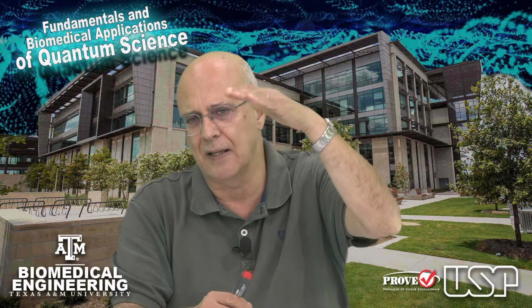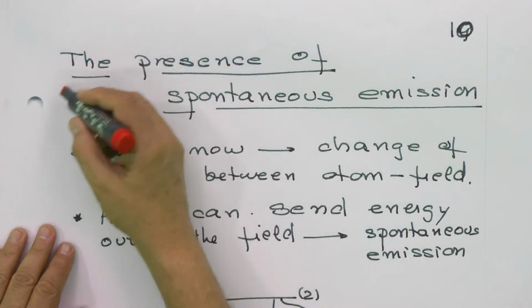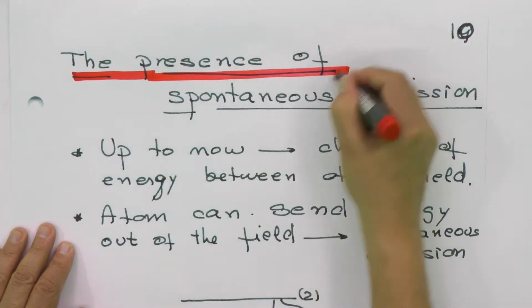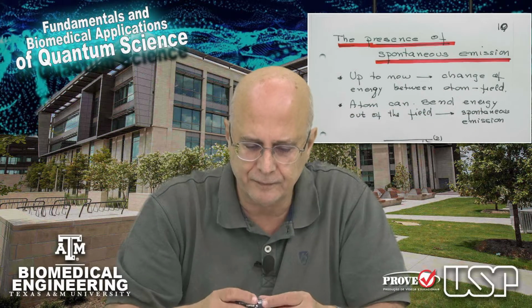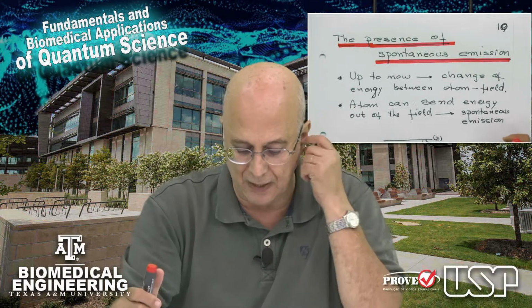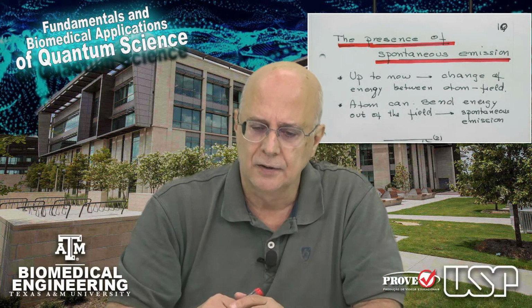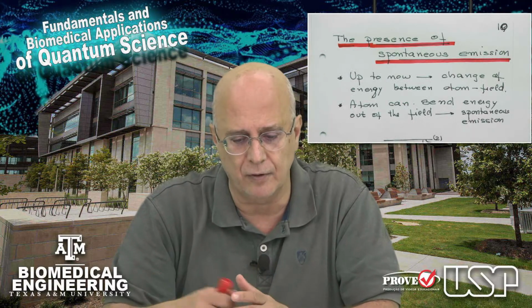When I have a system that's not in the ground state, it may decay spontaneously. This is the process that we call spontaneous emission. So spontaneous emission is present. I put the system in a level, and the level may come down. So it's not the way I said to you, but there is something else involved.